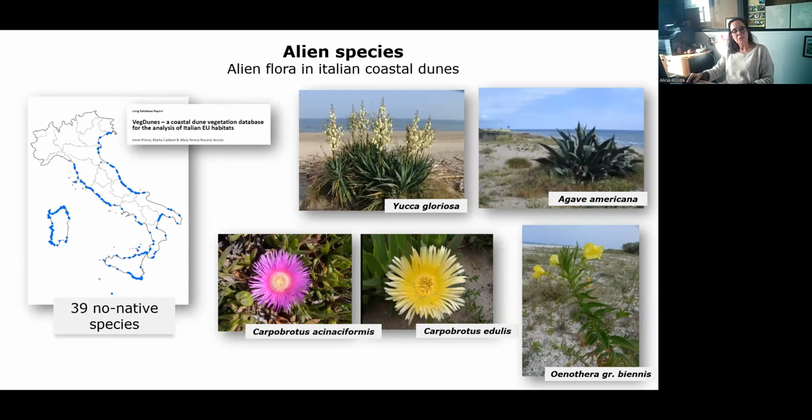And if we focus on Italy, using VegItaly, the National Vegetation Database I mentioned before, we extracted 39 alien species. Among the most frequent ones, I could mention Yucca gloriosa, Agave americana, Oenothera biennis group, Carpobrotus edulis and Carpobrotus acinaciformis.